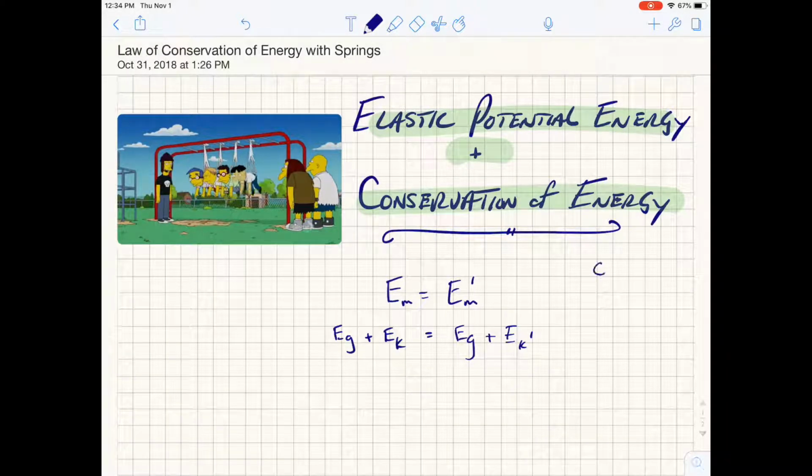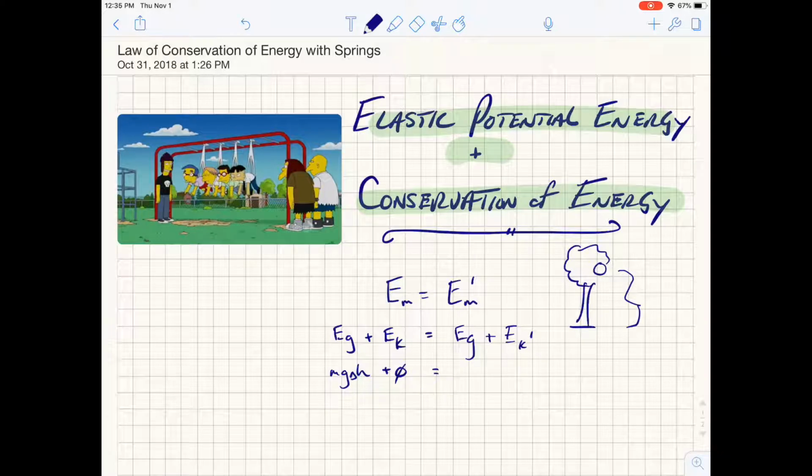So an example, of course, is an apple hanging from a tree. Before it drops, it has gravitational potential energy, described by mg delta h. Because it's not moving, the apple has no kinetic energy. The second situation we want to investigate is the moment it impacts.